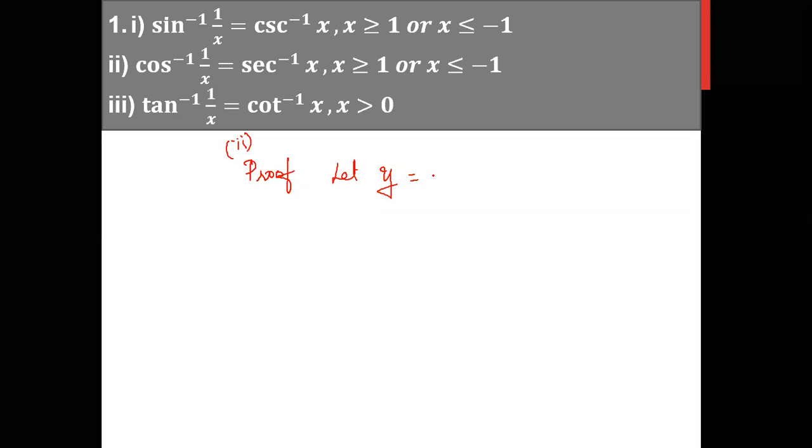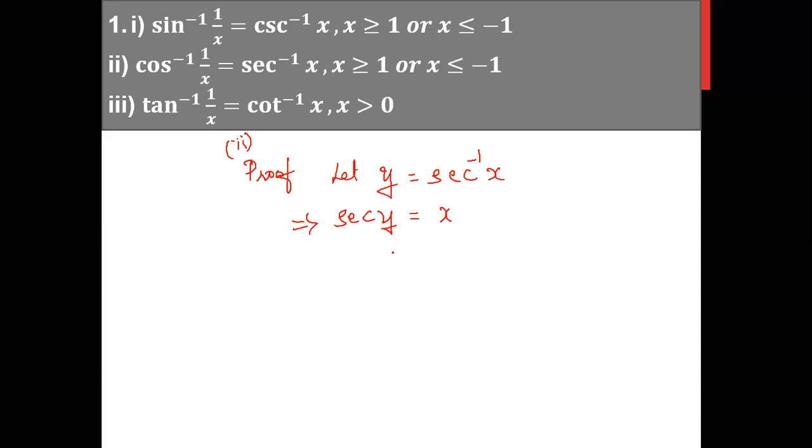Y is equal to secant inverse x, that is the RHS. Yes, you have to take the RHS as y. Then I can write this as secant y is equal to x.